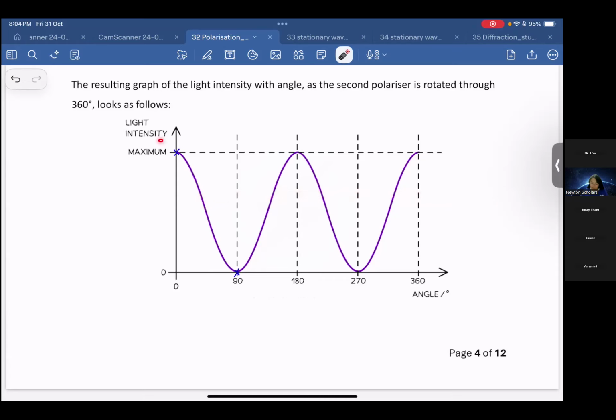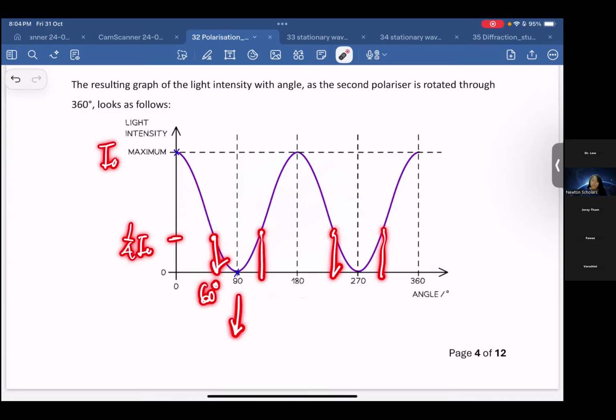Okay, let's say the intensity is here, this one is IO, 1 over 4 IO. So what is this angle? Because this one, 60 degrees, we don't accept, because we are starting our filter at here.